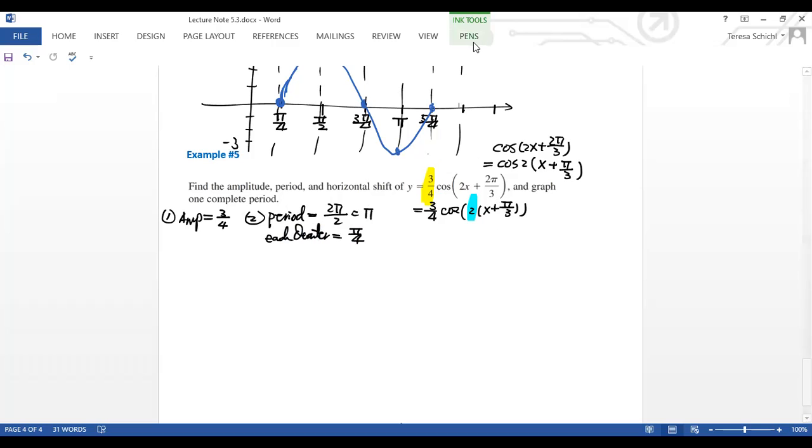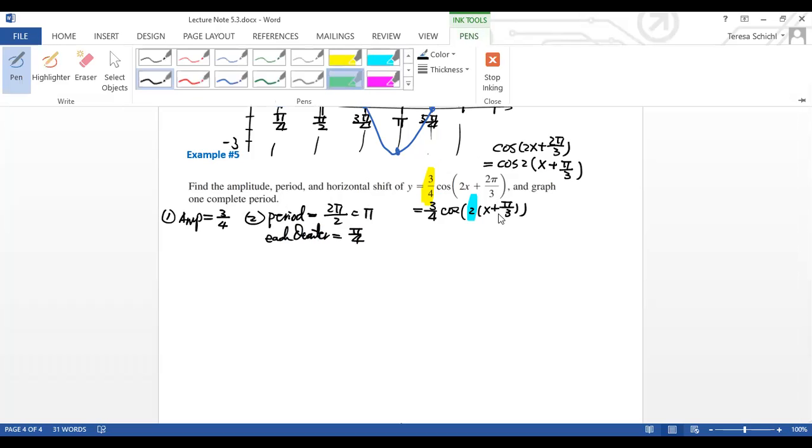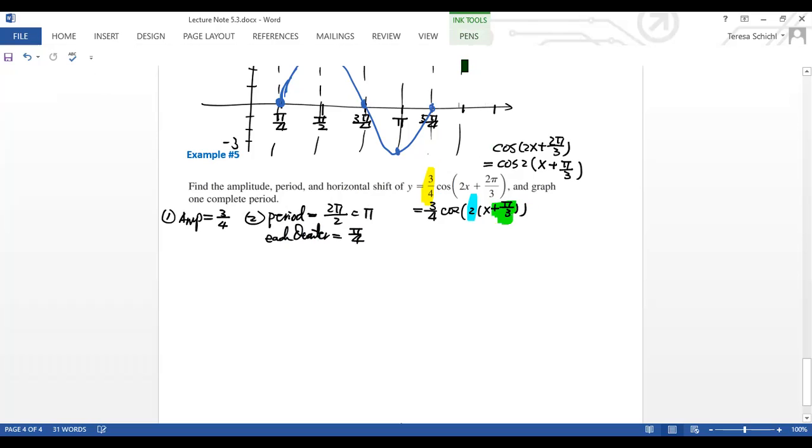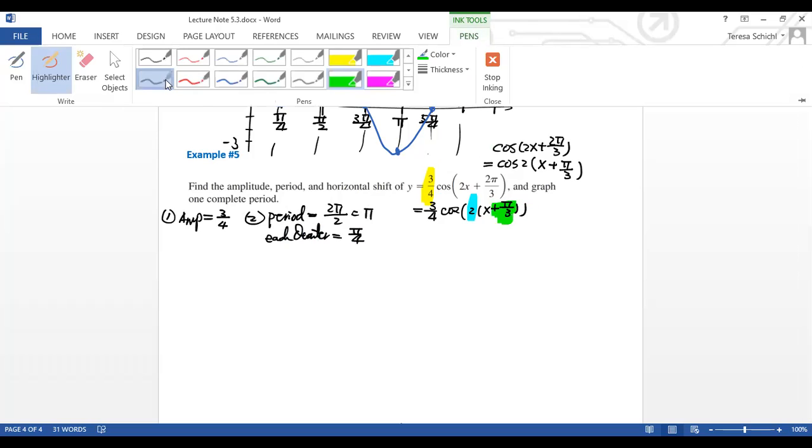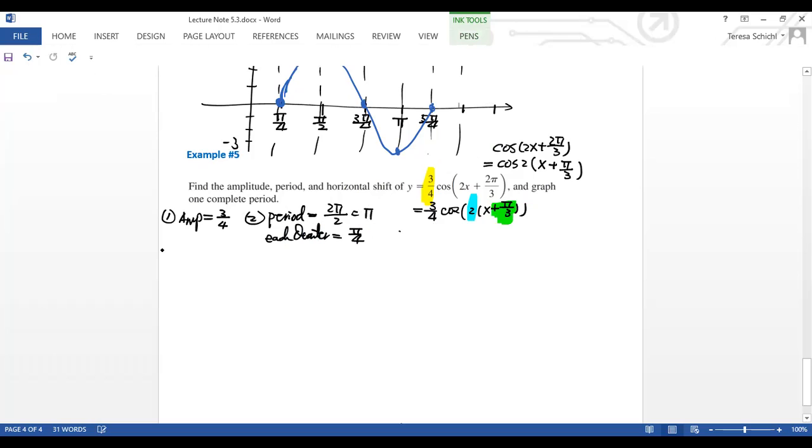And then here, this is x plus pi over 3. So what type of shift am I going to have here? A shift to the left, right? How many units? Pi over 3.